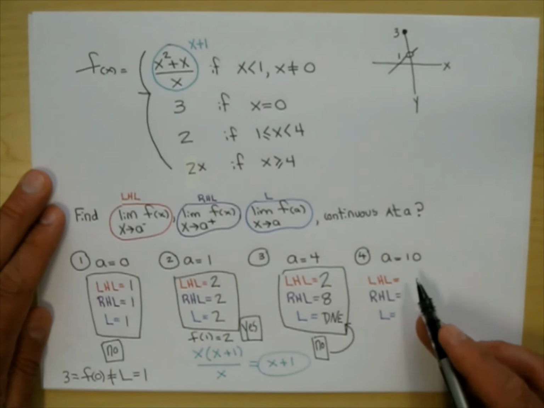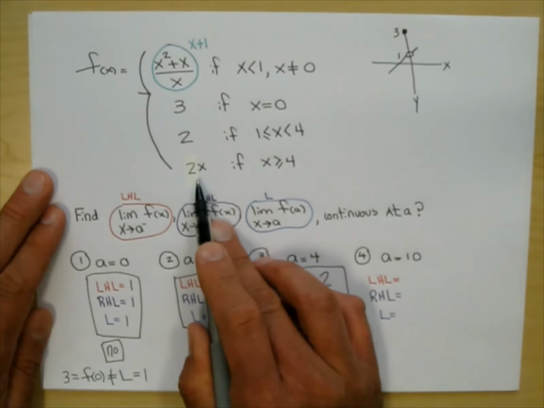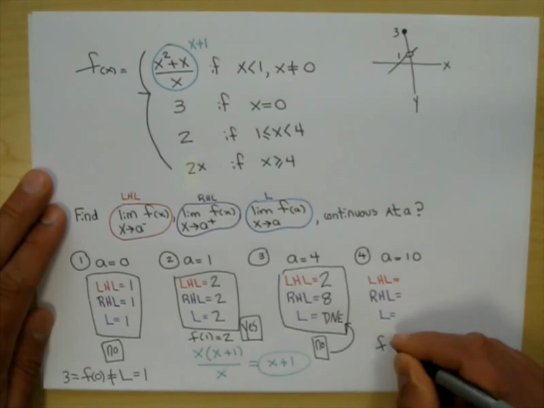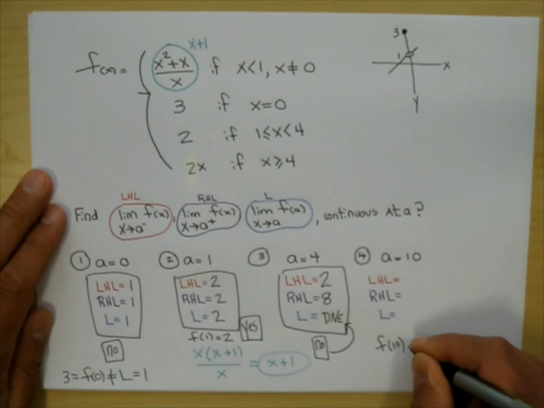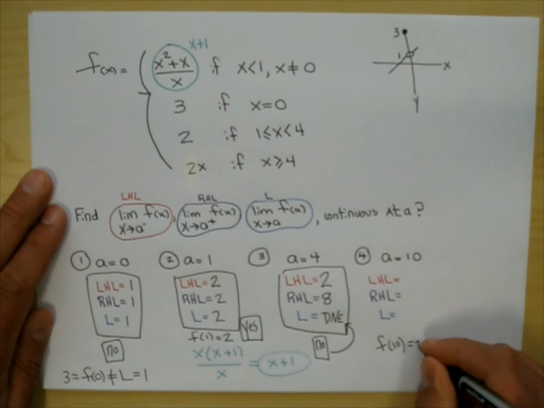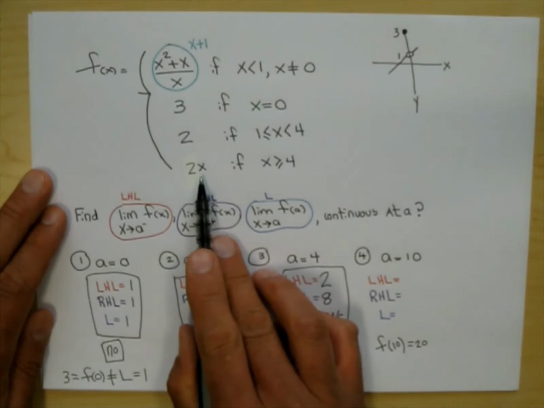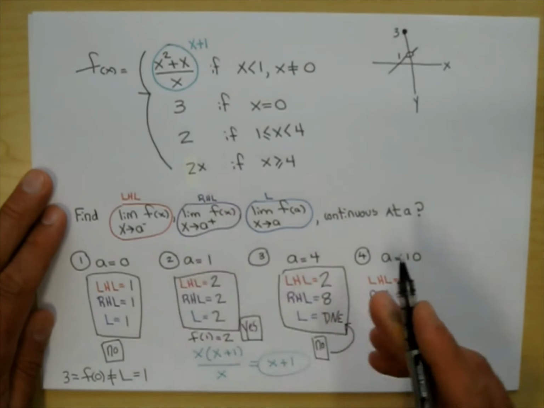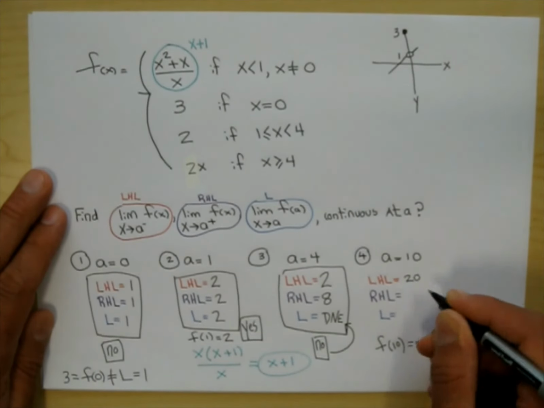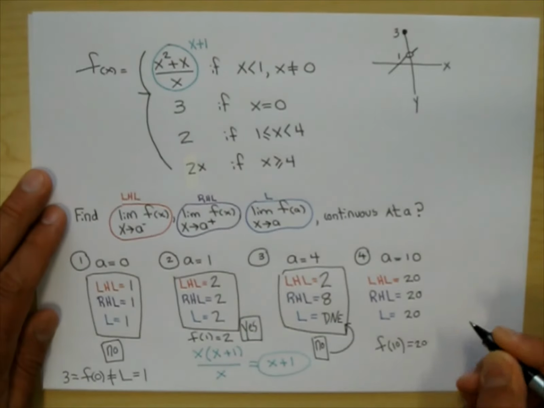Well, if you were to just plug 10 into this function, it would apply down here. f of 10 would be 2 times 10, which is 20. The left-hand limit and the right-hand limit are gotten by plugging 10 into this branch here. The left-hand limit is going to be 20, the right-hand limit is going to be 20, and the limit is going to be 20.